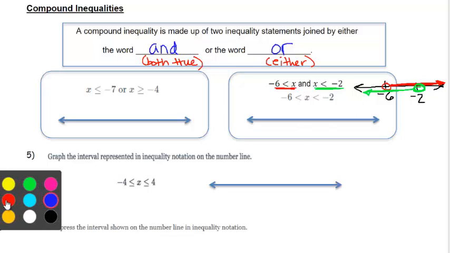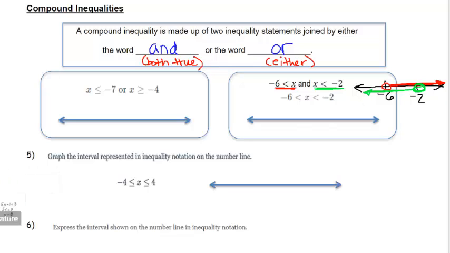Our answer, let me use pink here. Our answer is the overlap, okay? So let's come down here. Our answer is -6, open circle, in between that and -2 with an open circle on -2.